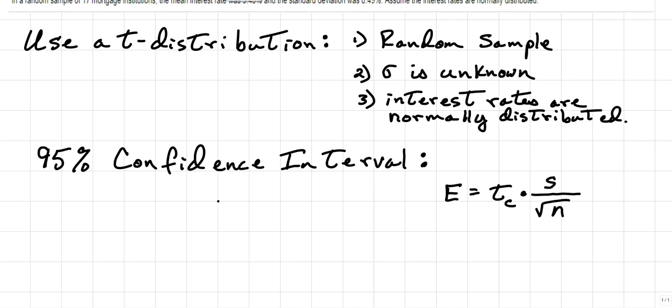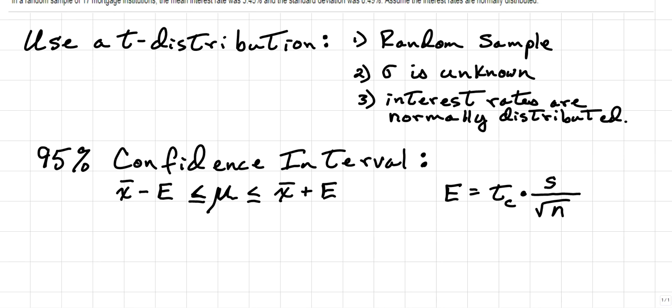Therefore, our formula, which is going to put mu in the middle, will be x bar, or sample mean, minus the margin of error, less than or equal to mu, less than or equal to x bar plus the margin of error. And this will give us our confidence interval.